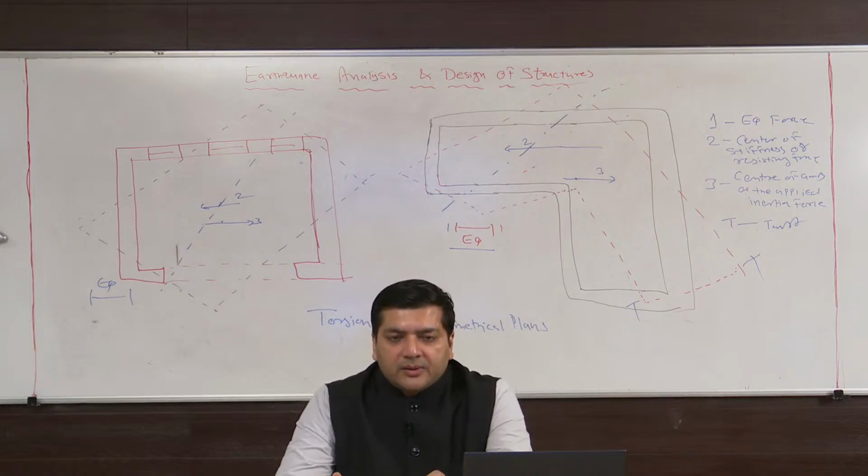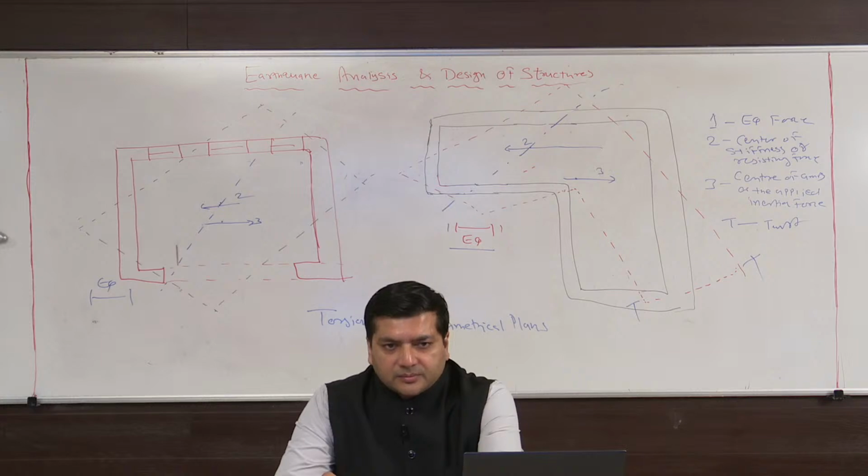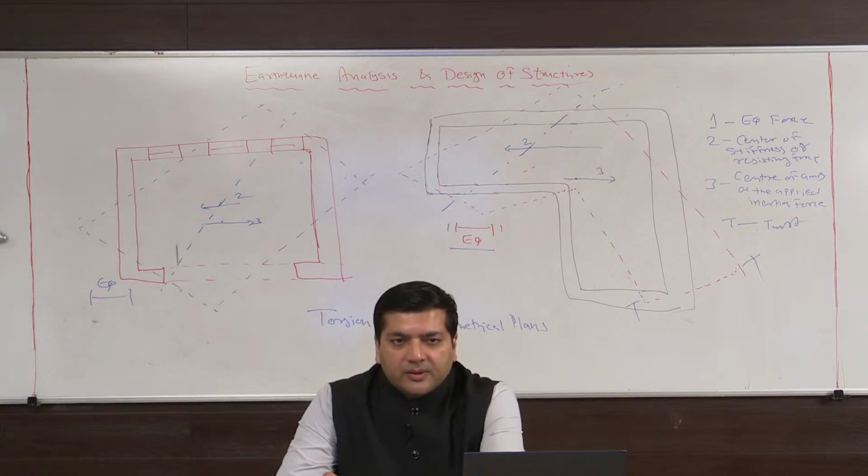In both the figures, what we have observed is that center of stiffness 2 and center of mass 3 are not coinciding with each other. It means what will affect the building? Torsion.